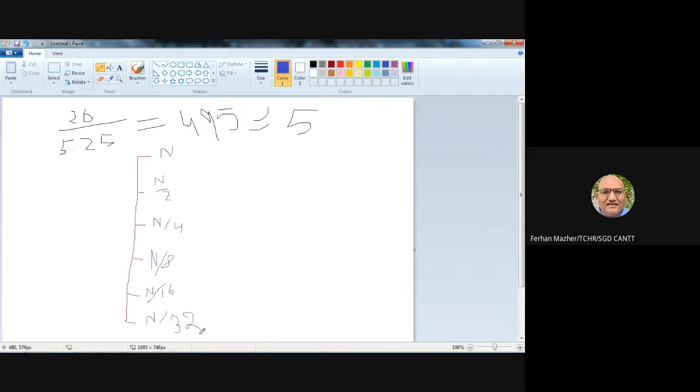After one half-life it will become N by 2, then N by 4, N by 8, N by 16, and N by 32. So how much will be left? 1 by 32 of the original.